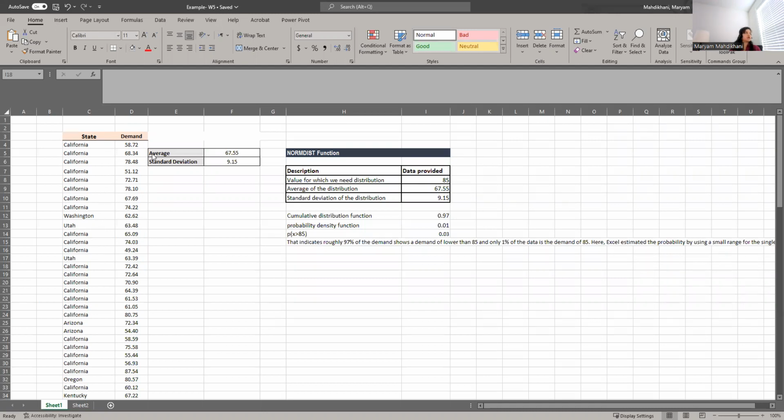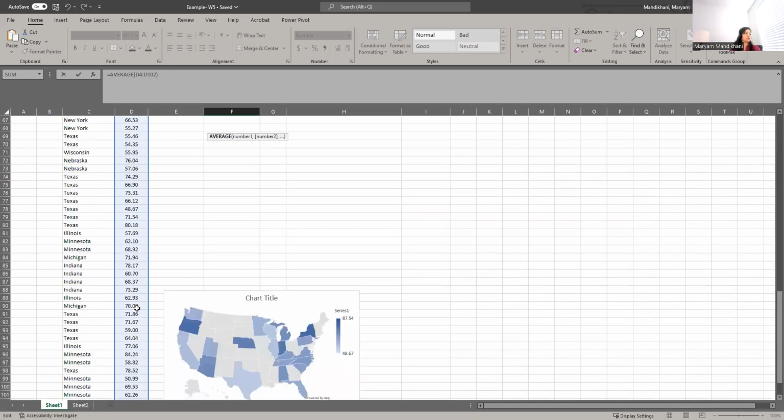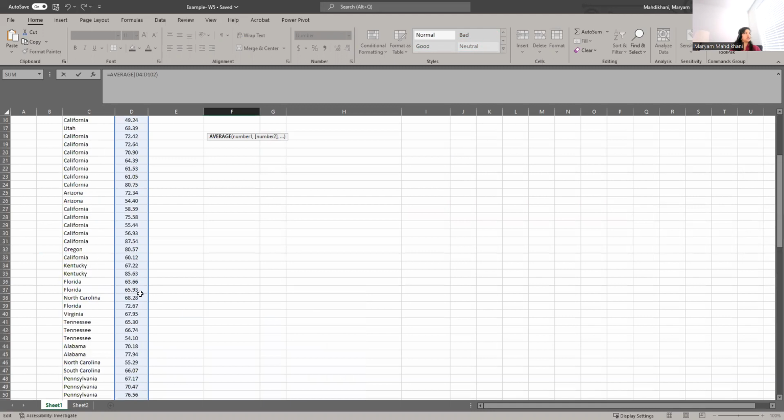Okay, the very first step we need to take in order to use a normal distribution is finding the average of the data set. So here I found the average of the data set. I type equal, then AVERAGE, and then choose all the data that I have.